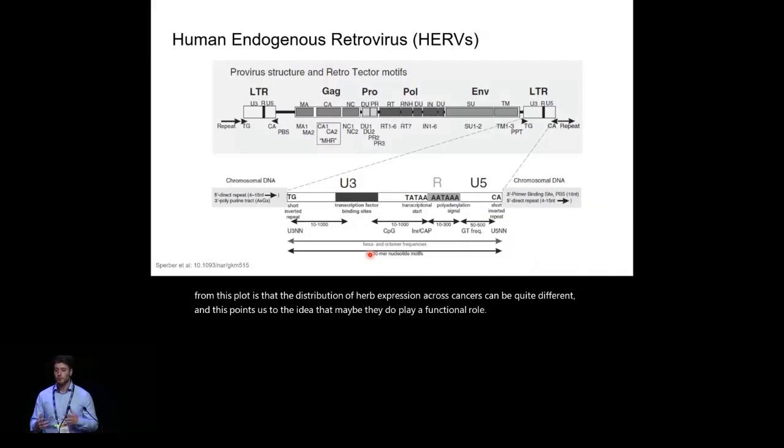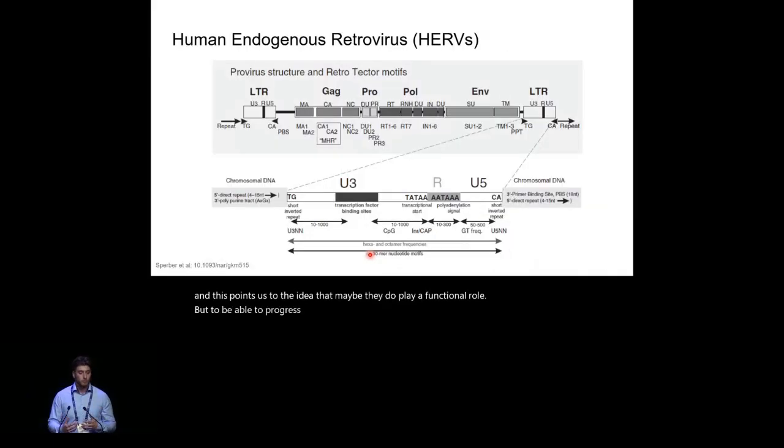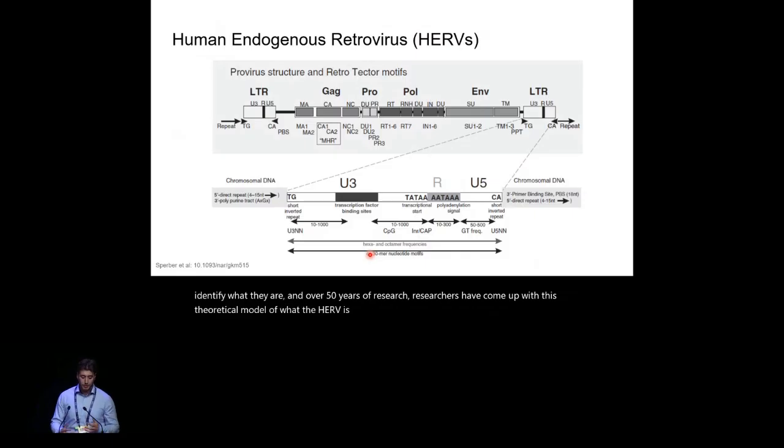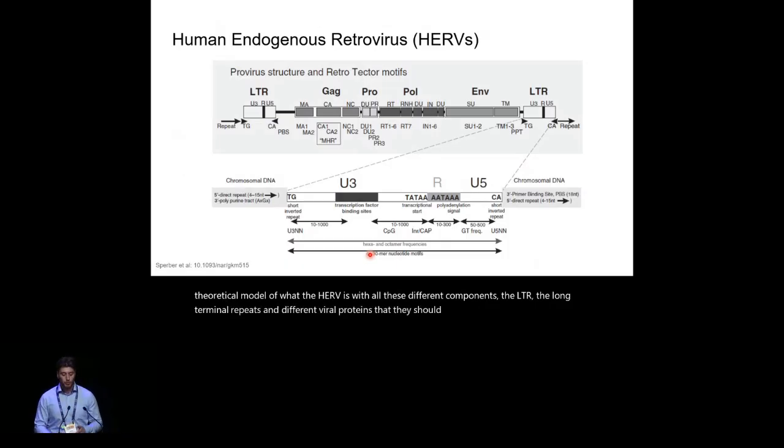But to be able to progress with the research area of HERVs, we need to be able to actually identify what they are. Over 50 years of research, researchers have come up with this theoretical model of what a HERV is, with all these different components: the LTR, the long terminal repeats, and different viral proteins that they should have, GAG, PRO, POL, ENV.